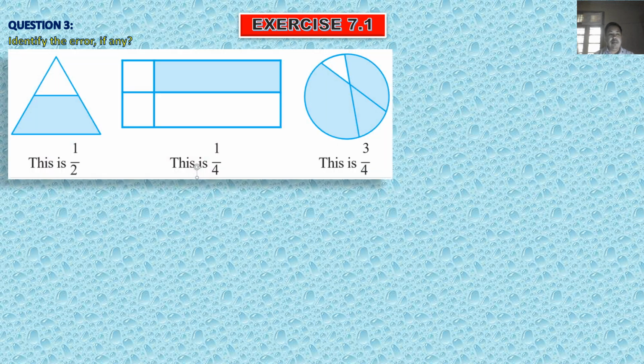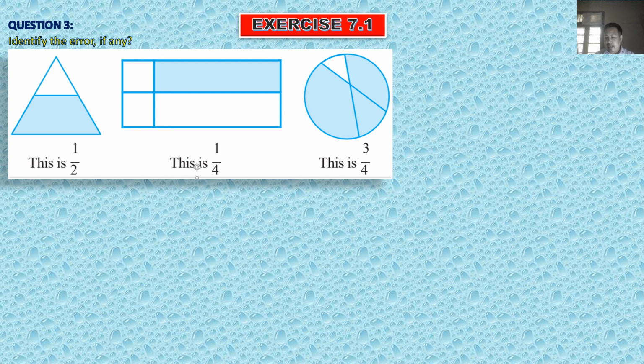The diagram is like this. In the first diagram it says this is 1 by 2, and the next one says 1 by 4, and the third one is 3 by 4. But one thing we can see here is that the figure has not been divided evenly, not equally, not uniformly.